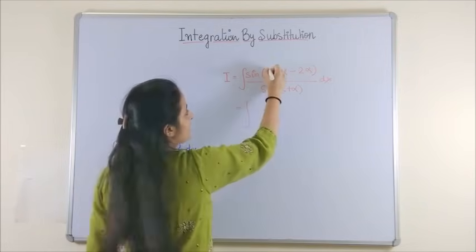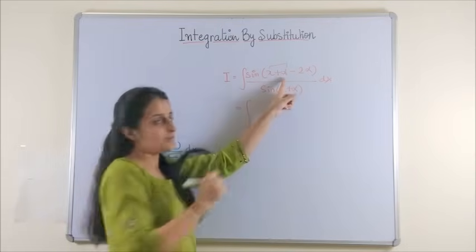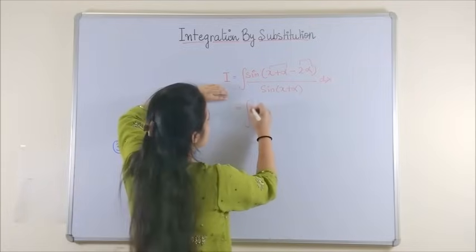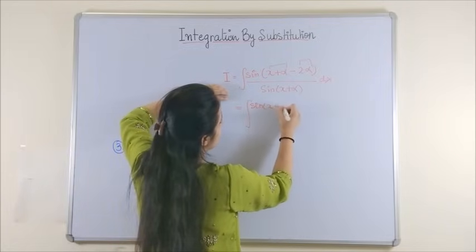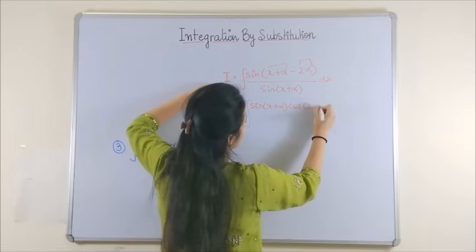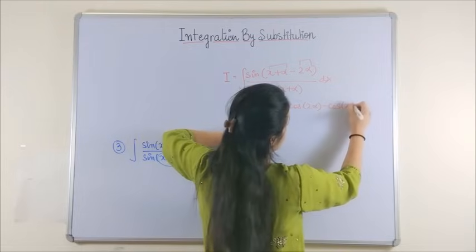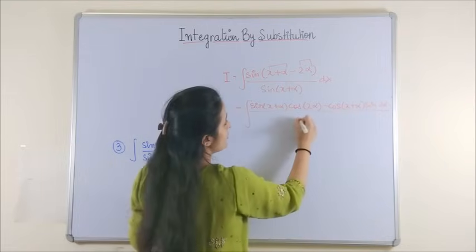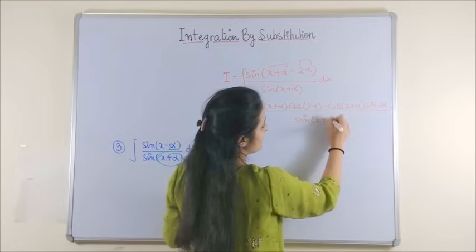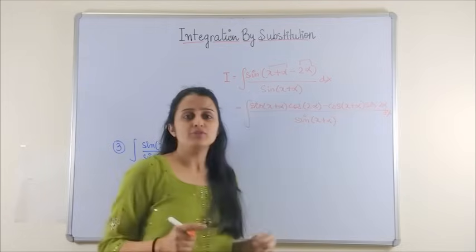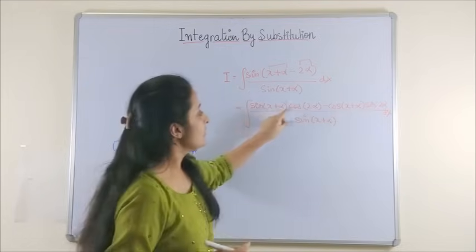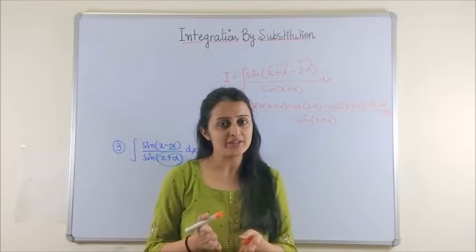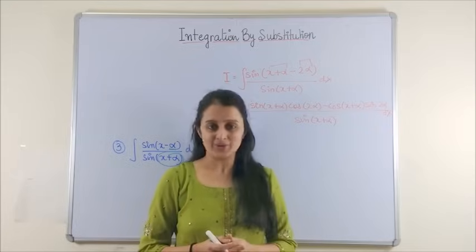Now, if I try to treat this as one term and this as the other one, sine of a minus b gives us sine a into cos b minus cos a into sine b, whole upon sine of x plus alpha. And now, just like your previous video, please separate these terms out, make use of your integrals for trigonometric functions and get cracking on the question.